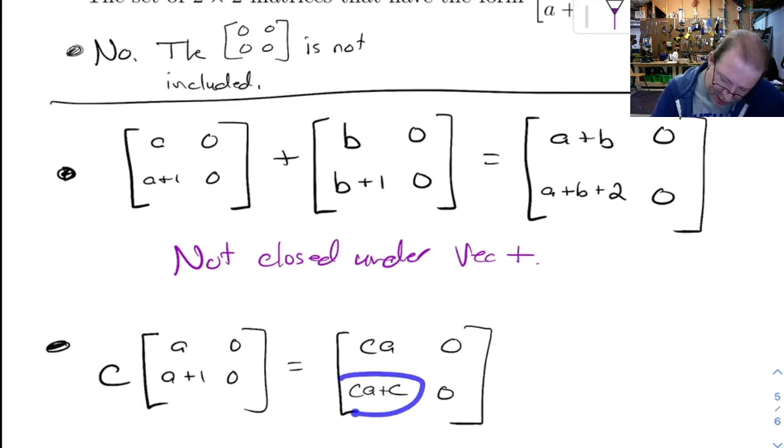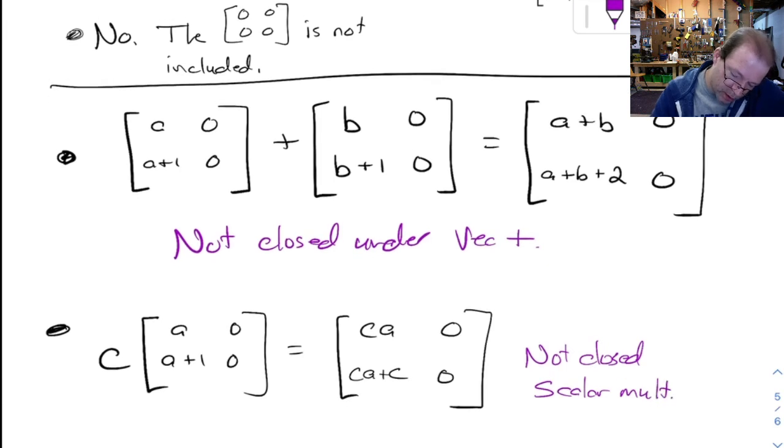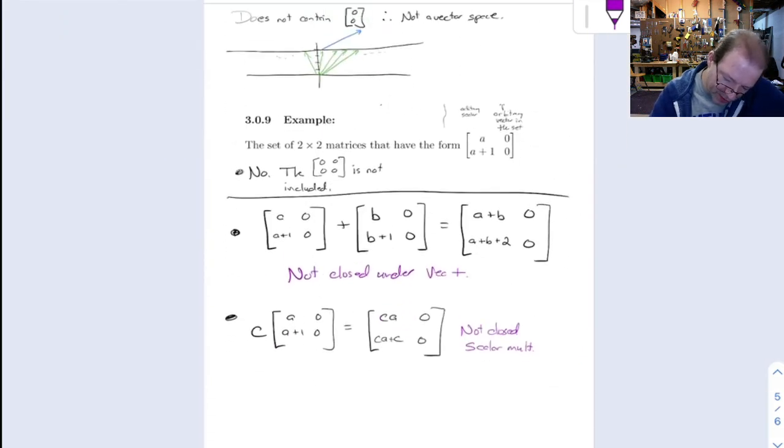You're asking, is this equal to 1 plus that? And the answer is only if C is 1. So it doesn't work for all values of C. So it's not closed under scalar multiplication. All right, and I think that's our last example.